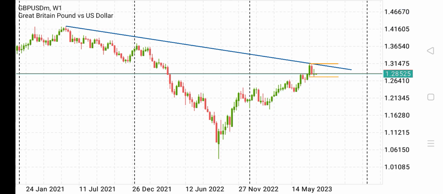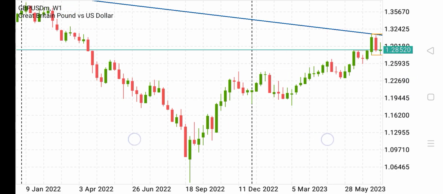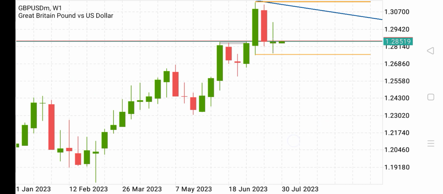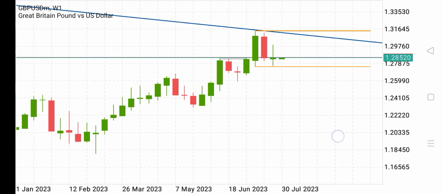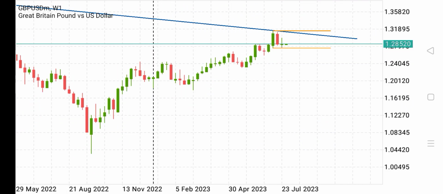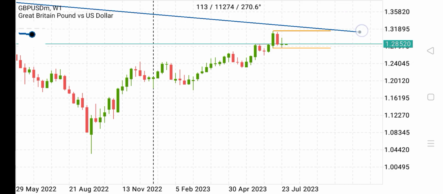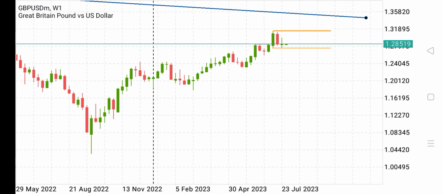Now that is one. The second thing I would like to talk about is what has actually happened last week and the week before last week. So let me just enlarge my charts. And also let me push this trend line above a bit so that you can clearly see it very well.